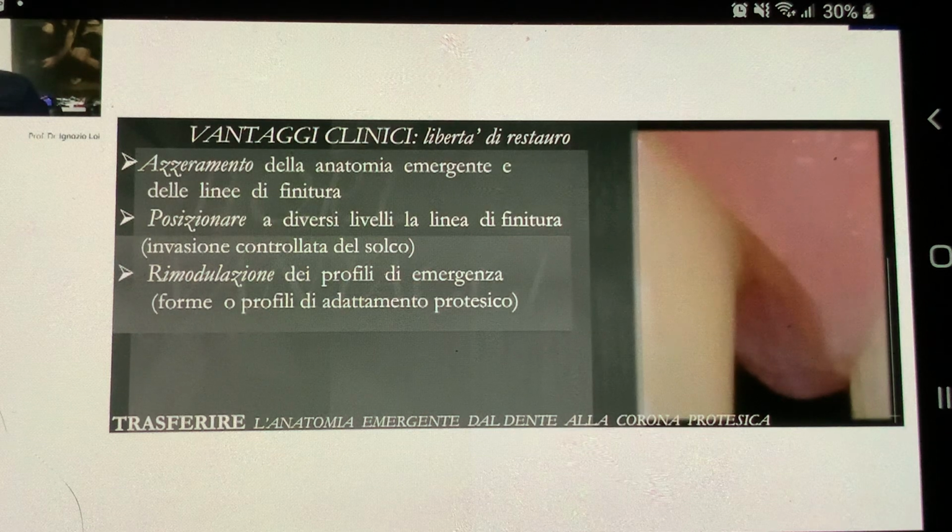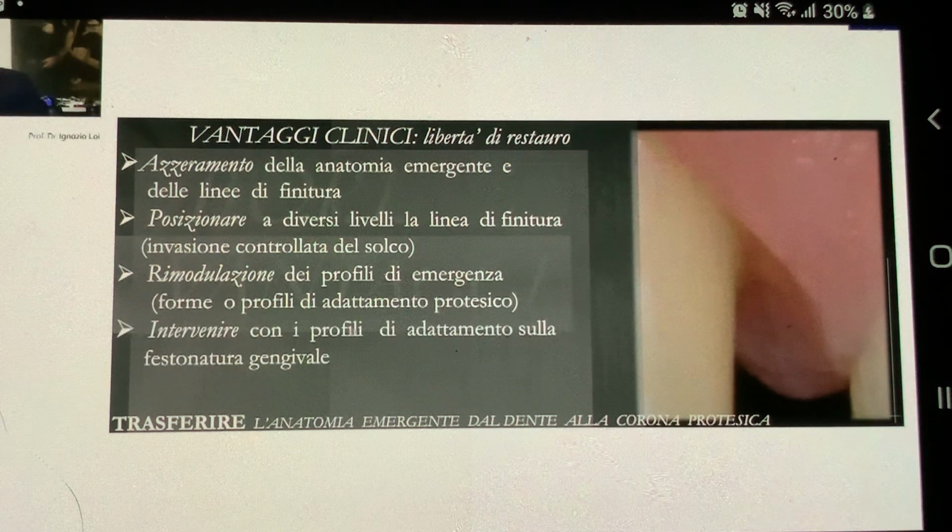So the change in position and the possibility to remodulate different profiles and emerging angles, different ones, so we can have different degrees depending on what we need with the interaction of the soft tissue, so with the creation of a remodeling, what I call prosthetic adaptation profiles, where we propose new shapes so that tissues will adapt on those.